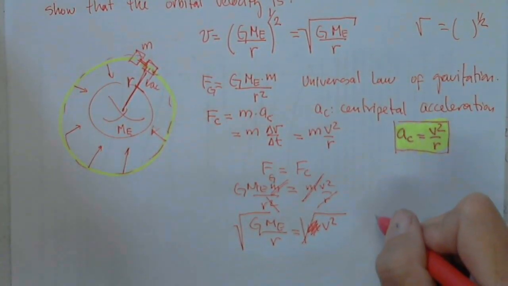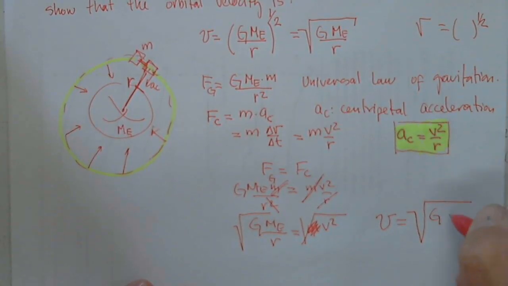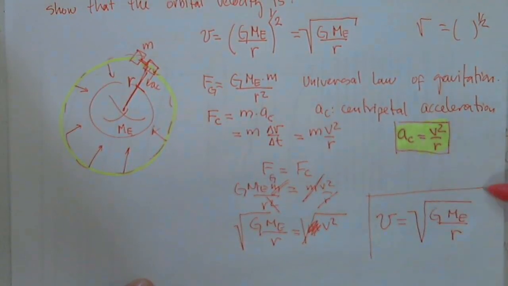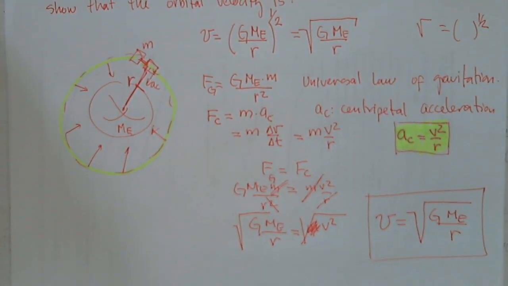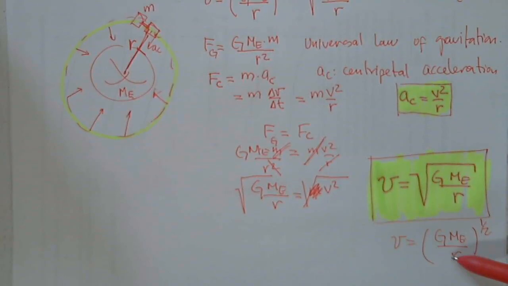And the velocity is the square root of G M e over r. And remember that a square root can be written as exponent 1/2. And this is how it's in your textbook.